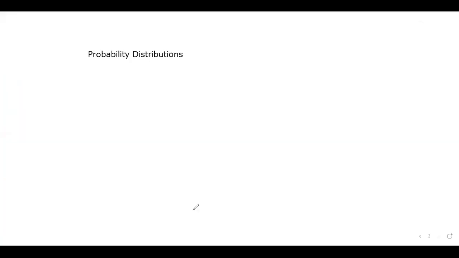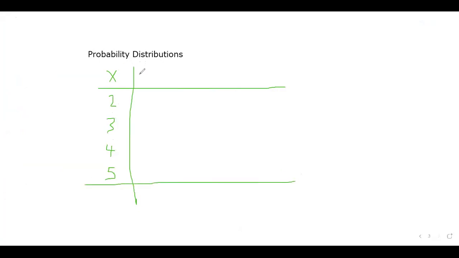So the values 2, 3, 4, 5. Then you're given the probability 0.1, 0.5, 0.2, 0.2.